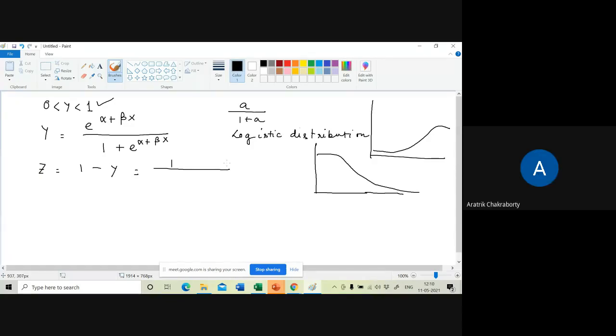It is 1 by 1 plus e to the power of alpha plus beta x. Are you getting this? So you have one y and you have one z. Using y and z, how do we get simply e to the power alpha plus beta x?